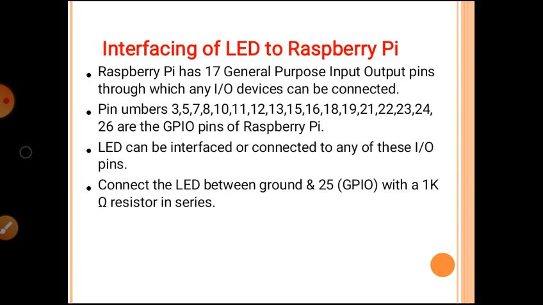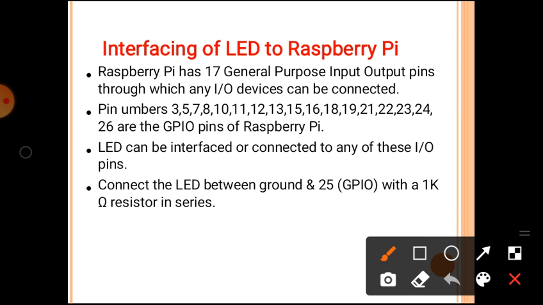The pin numbers 3, 5, 7, 8, 10, 11, 12, 13, 15, 16, 18, 19, 21, 22, 23 and 24 as well as 26 are the GPIO pins on a Raspberry Pi board. The LED can be interfaced or connected to any of these input output pins.